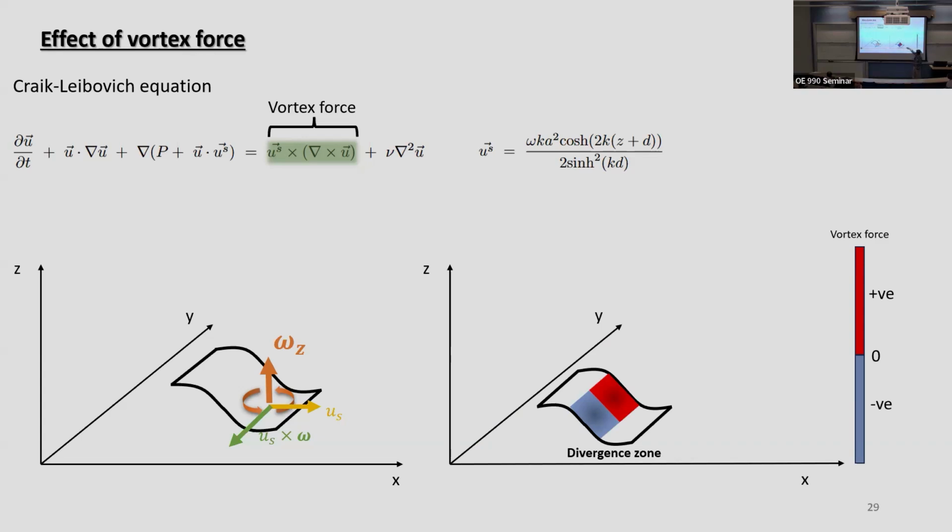So this is our y, this is our span. We have a region of positive vortex force, and then regions of negative vortex force. This would push the water in these directions, away from where they are, so this would represent a divergence zone. An orientation like this would represent a convergence zone, with the water being pushed inwards as compared to the divergence zones.